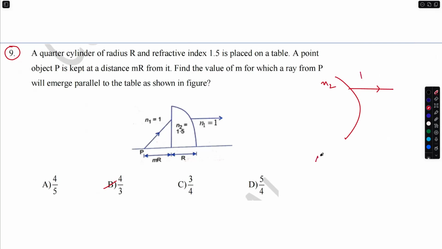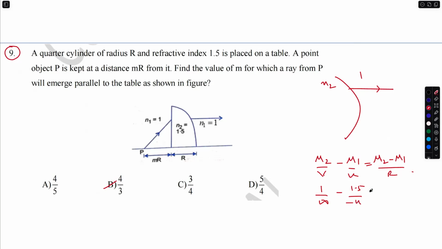Mu2 by v minus mu1 by u is mu2 minus mu1 by R. Air, infinite, mu1 is 1.5 minus u.